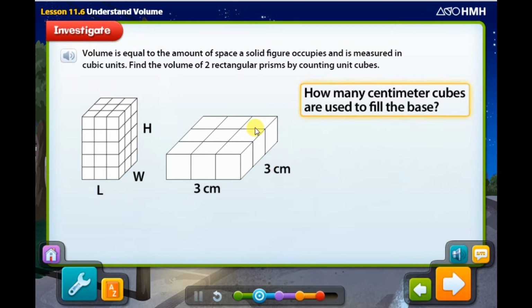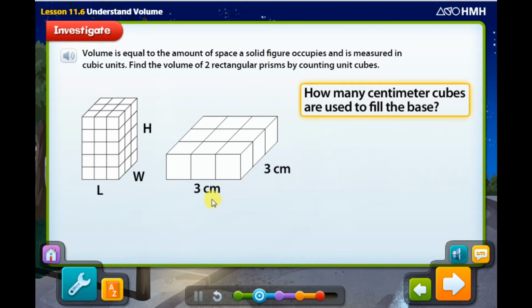Let's count and check if it's right or wrong. 1, 2, 3, 4, 5, 6, 7, 8, 9. That's right. So you have 9 cubes in each layer. Then you should multiply it by how many layers in all that you have. First, the first number here is how many cubes in each layer.